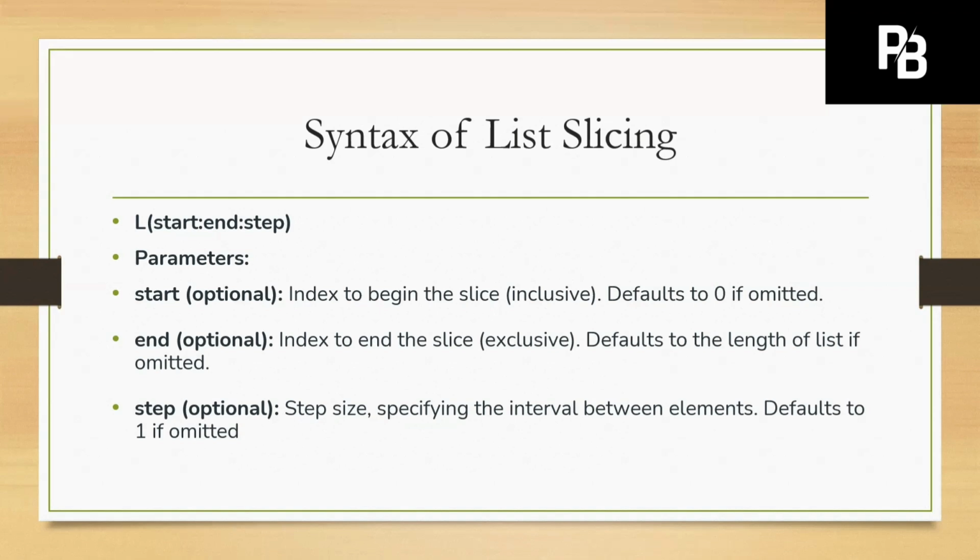If the end part is not there, it defaults to the length of the particular list. The step value is the step size, meaning how many steps, how many jumps you want to take. If it is not mentioned, then by default it is 1. And you can mention the step value in a positive way or in a negative way also.